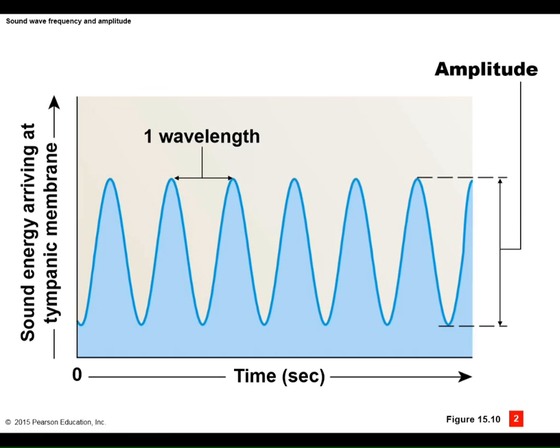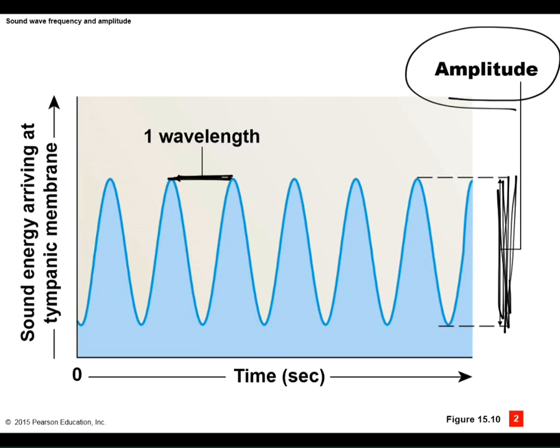So here's kind of looking at a sound wave, up and down. That's the wavelength, the distance between each peak. How often it's happening per second would be the number of hertz. Now the other thing I haven't gotten to yet is how tall the wave is. Its amplitude is going to tell the ear how loud something is.